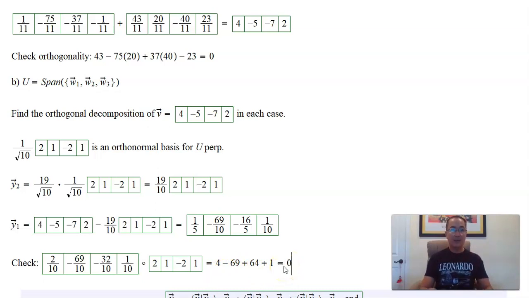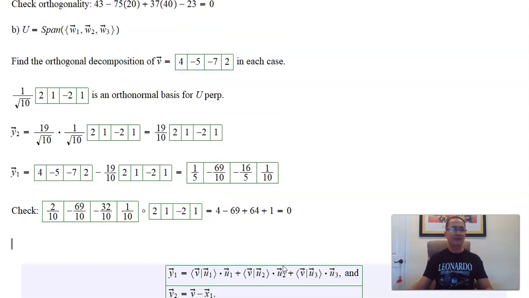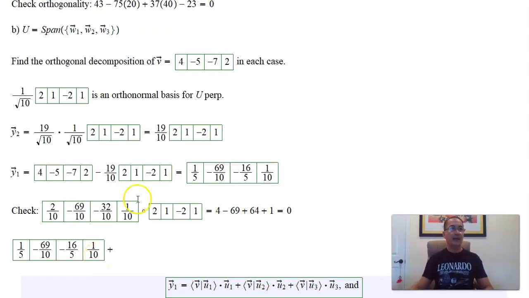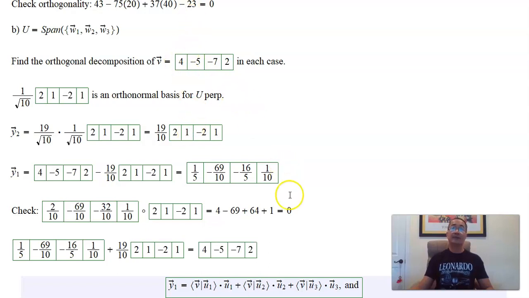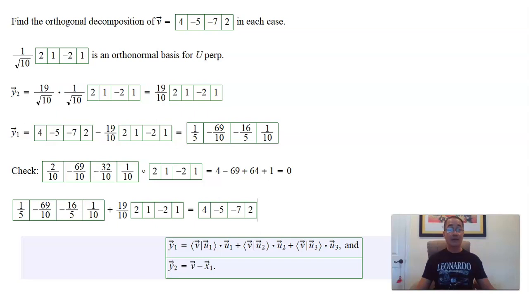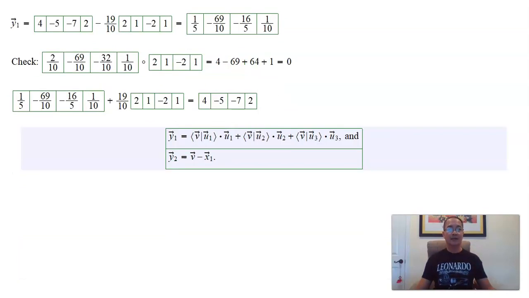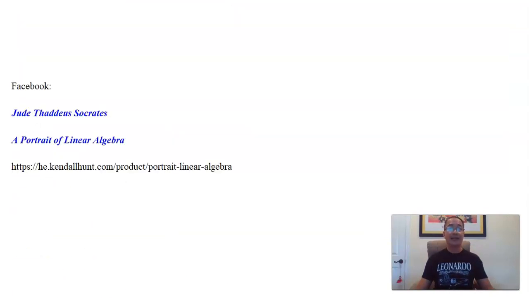So therefore they are orthogonal to each other. And of course, you want to check they add up together? Fine. Take this and add the second one, and of course we're going to get the original vector. There we go. Those are our two orthogonal decompositions.